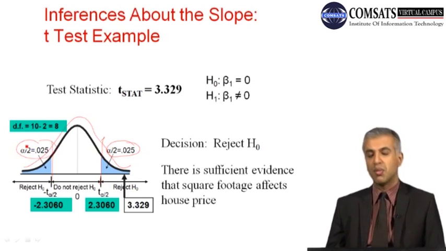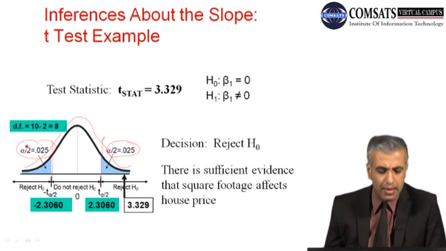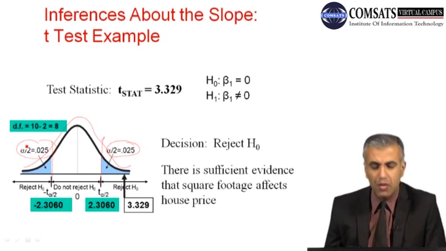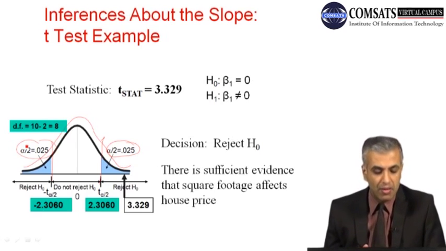This portrays that this is a two-tailed test, so we are not sure about the direction. Then we identified in which region we would be rejecting our null hypothesis and in which region we won't be rejecting it.